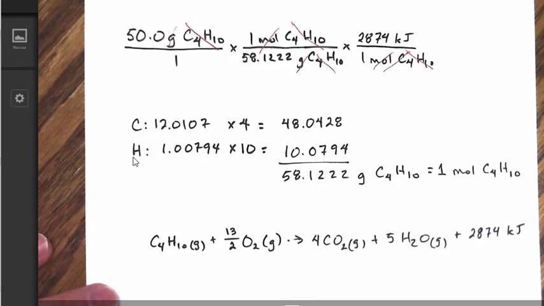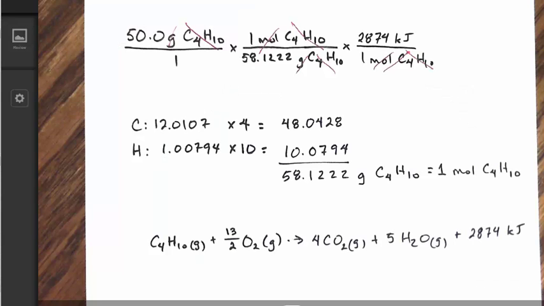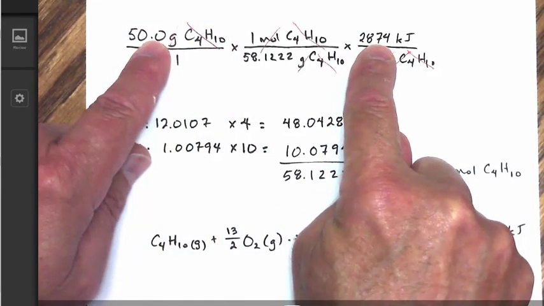Okay, so we're going to plug this in the calculator now. And we've got 50.0 times 2874. We're going to hit enter. Let me go back to the work I'm actually doing here. I'm multiplying once across the top. I'm hitting equals.